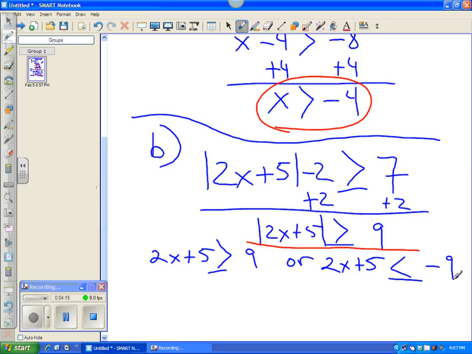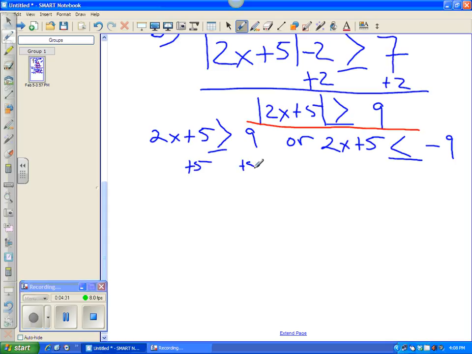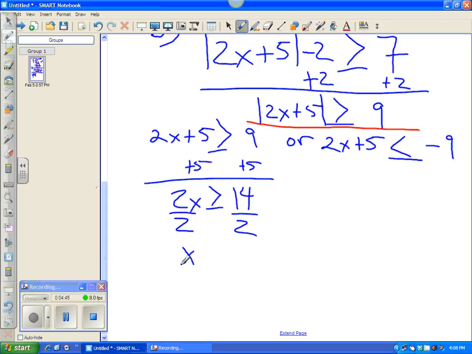Now we need to just continue solving each of these inequalities. I just adjusted the board a little bit. I'm going to add 5 to this side and add 5 to that side, which gives me 2x is greater than or equal to 14. And over here, divided by 2, x is greater than or equal to 7.